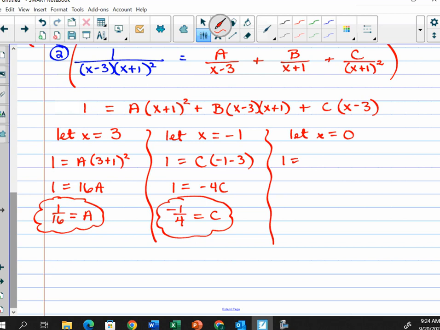So I'm going to have 1/16 times 0 plus 1 squared plus b. I'm running out of room, so are you guys okay with me saying times -3 times 1? Okay, and then minus 1/4 times -3.